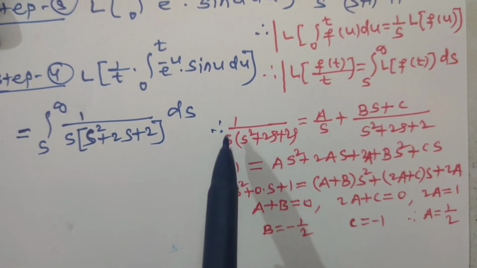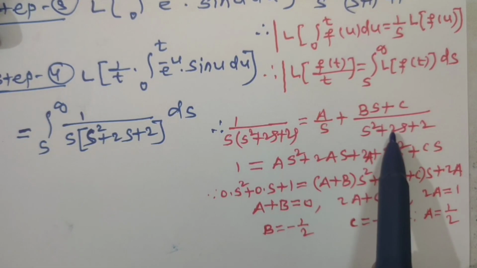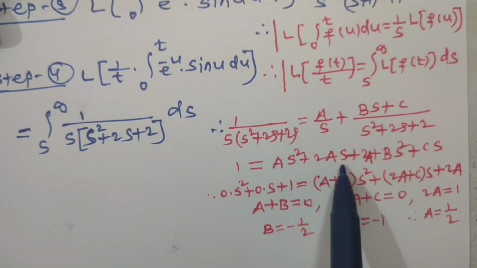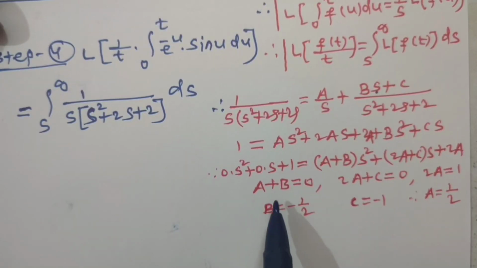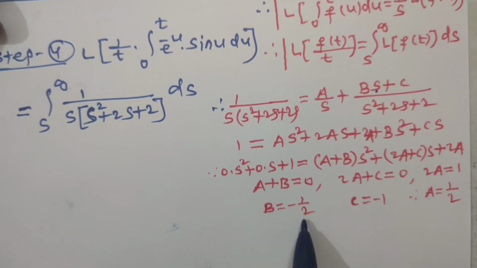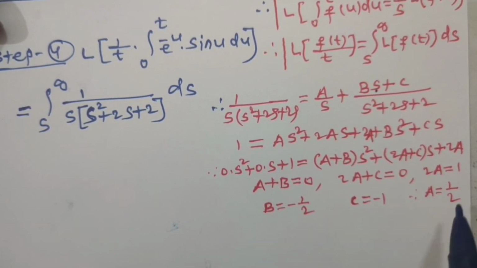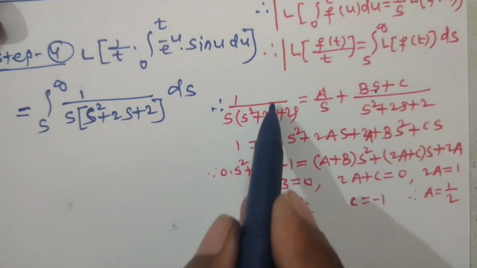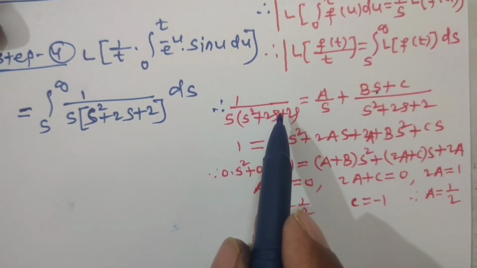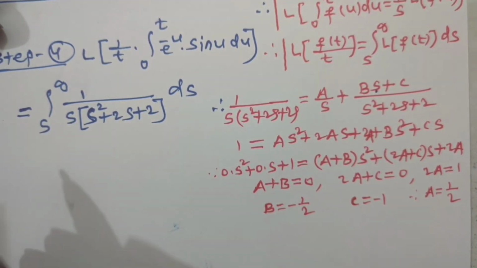Applying this property, we can write 1 is equal to A into (s square plus 2s plus 2) plus (Bs plus C) into s. If we compare, we get B is equal to minus half, C is equal to minus 1, A is equal to half. If we put these values here, we will get the partial fractions.